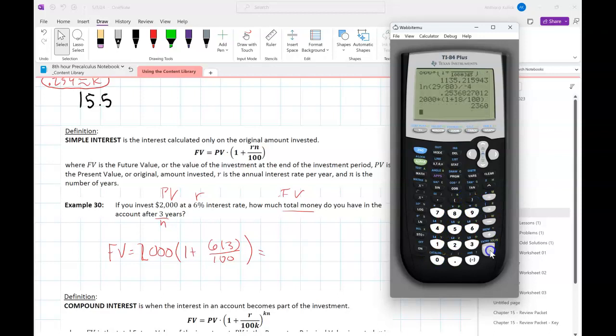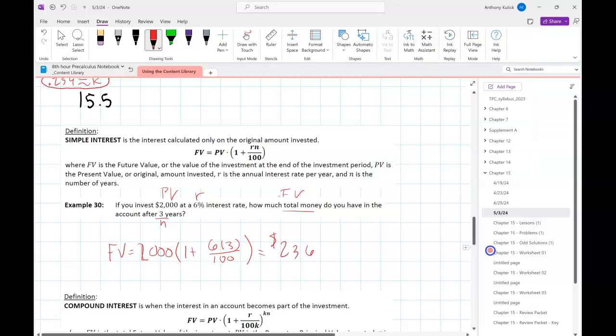So I do that, I get 2360. So how much money did I actually earn in interest over that 3 years? $360. How'd you get the 360? Subtracted the initial investment from that final value, and you're done, right? No big deal. Everybody cool?